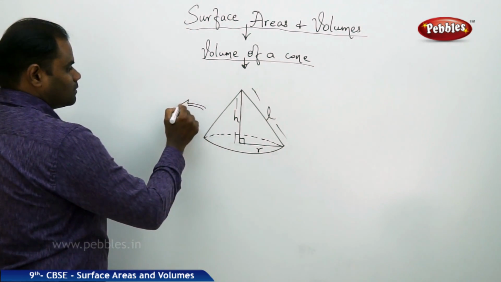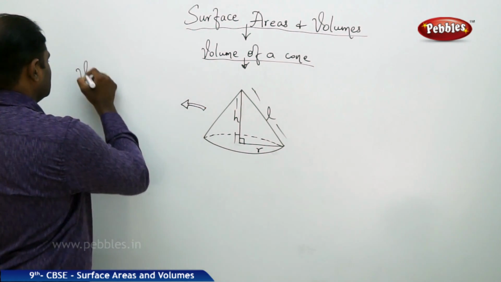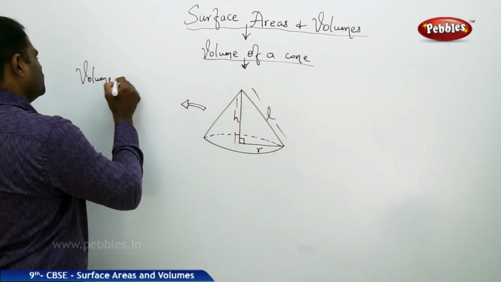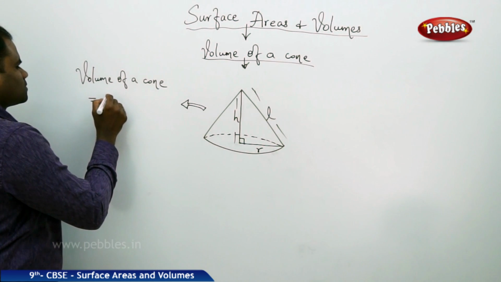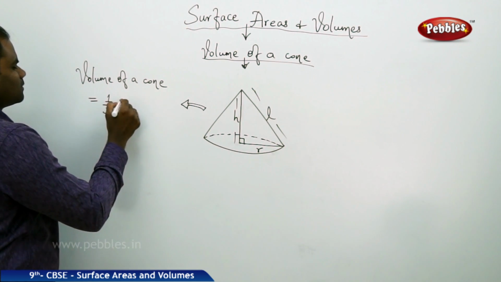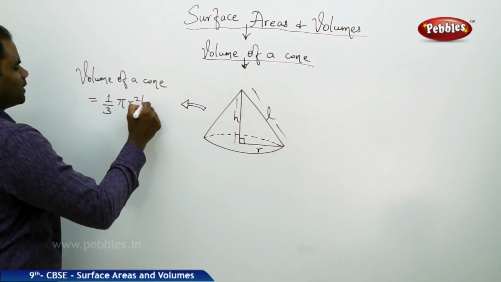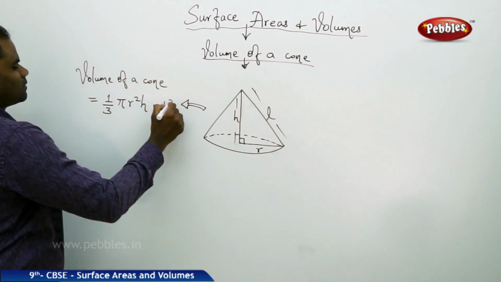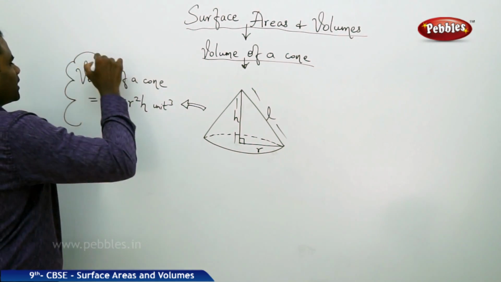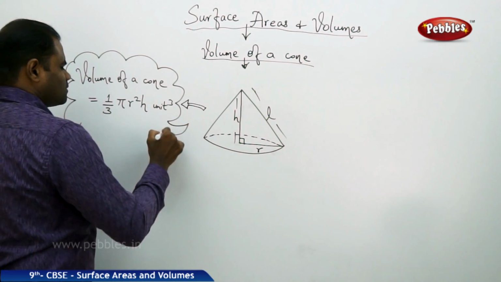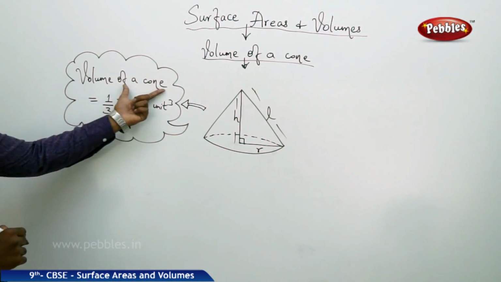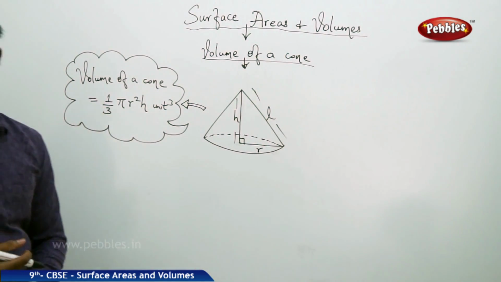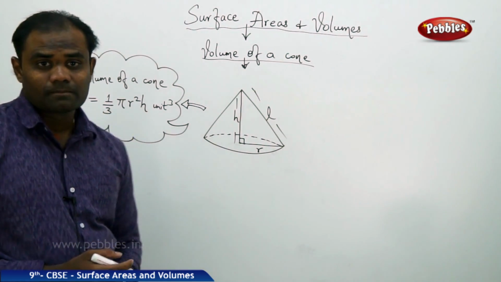given by the formula: volume of a cone is 1/3 pi r square h unit cube. This is how we get the formula. Volume of a cone is given by 1/3 pi r square h.